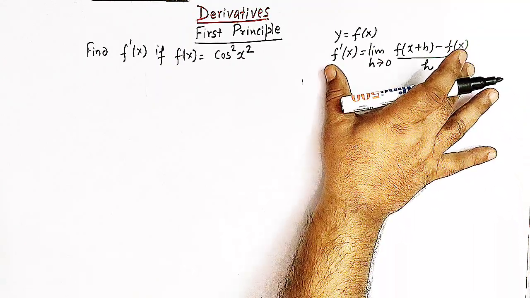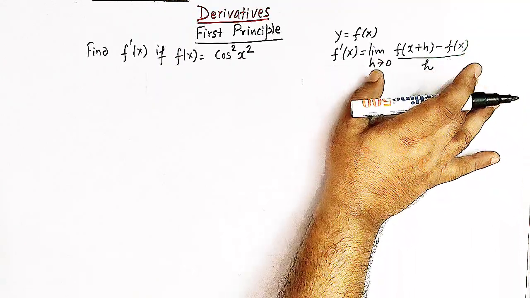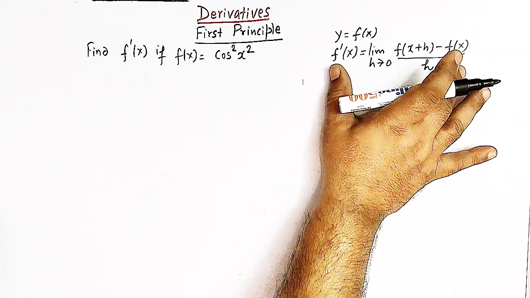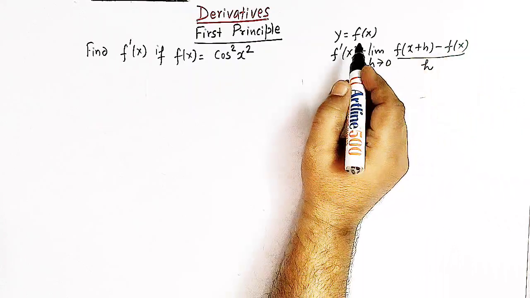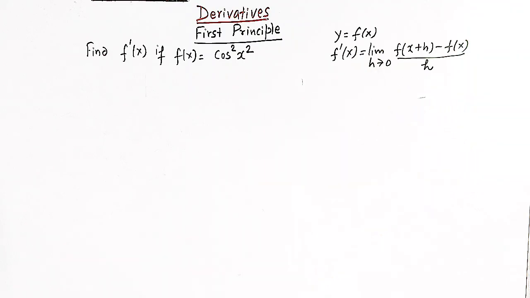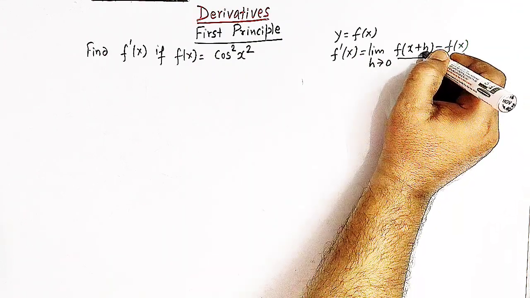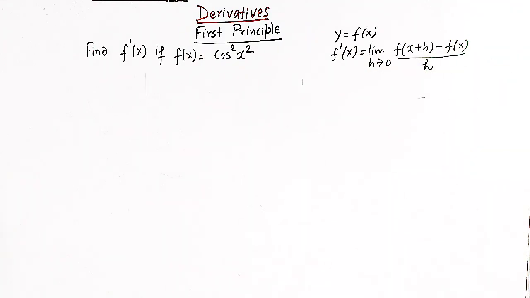So this expression or this limit is known as the derivative of the function f of x with respect to x, where this quantity h is infinitesimally very small, right?